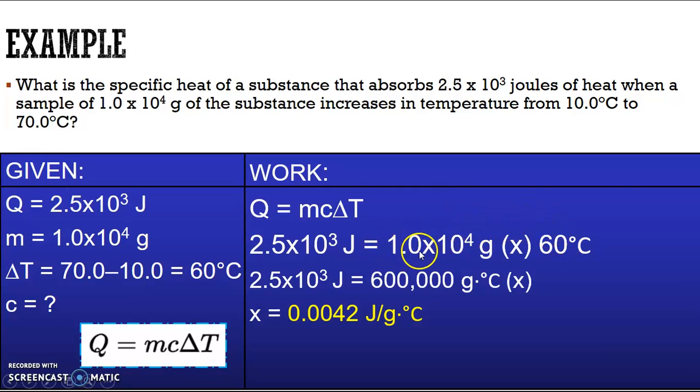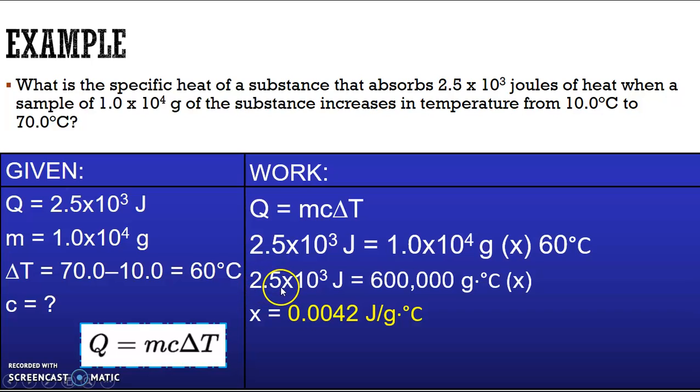So 1.0 times 10 to the fourth times 60 is going to equal 600,000. Notice I multiplied grams by degrees Celsius, so I get my unit grams degrees Celsius here with the X. Okay, now to get X by itself, I divide both sides by 600,000.